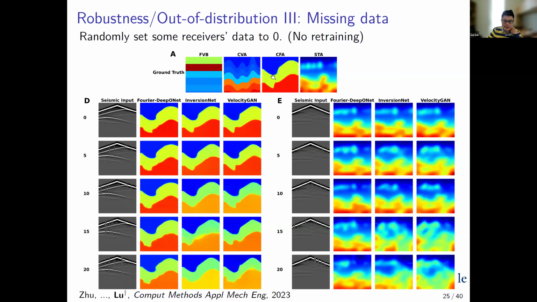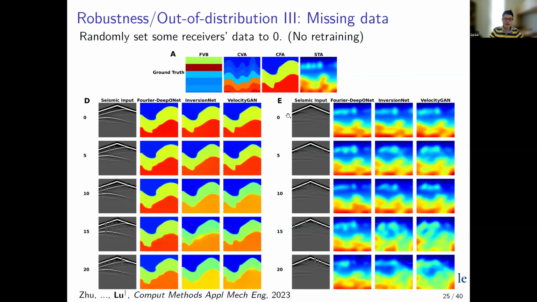So this is one testing case. You can see, although some structure can be observed, the value is off. But for our developed DeepNet, we can still have relatively good accuracy, even for this missing data input.